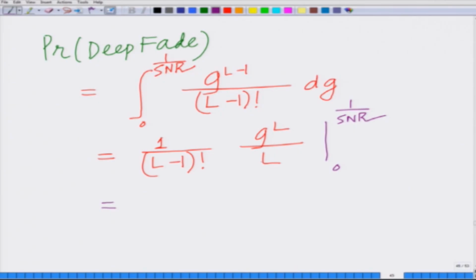Now you can see 1 over L minus 1 factorial times L is 1 over L factorial.